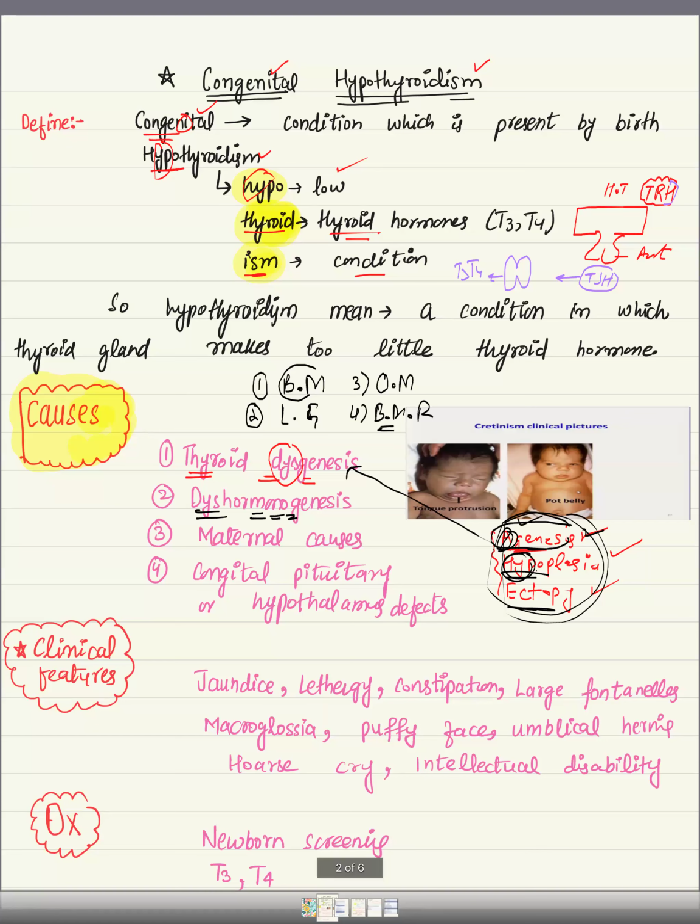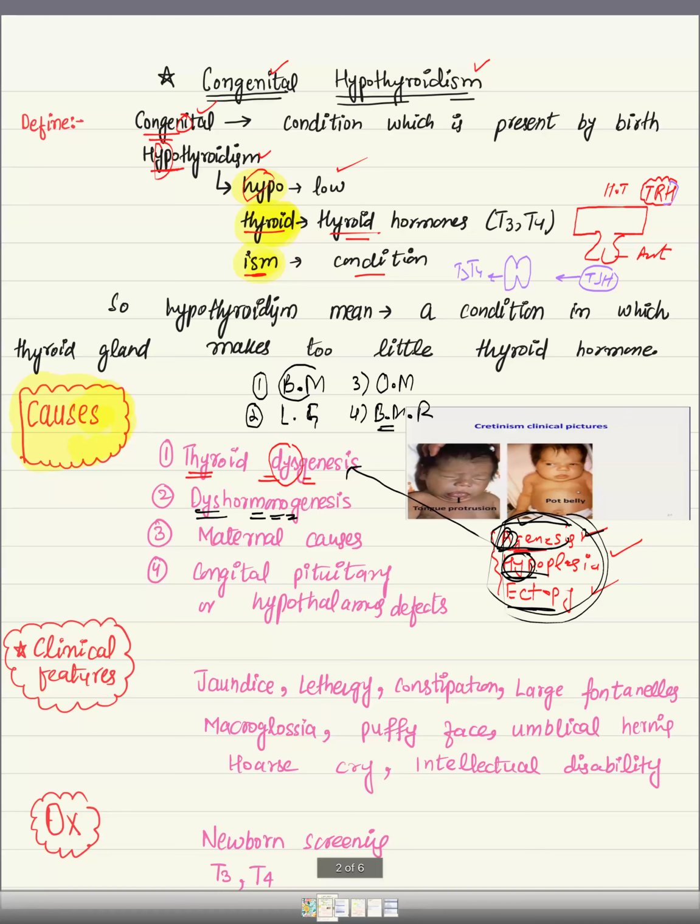Thyroid dysgenesis and dyshormonogenesis can lead to primary hypothyroidism, because these are problems present inside the thyroid gland, not outside. But a problem in the pituitary and the hypothalamus can lead to secondary hypothyroidism. These are important points you have to remember, especially related to cause.